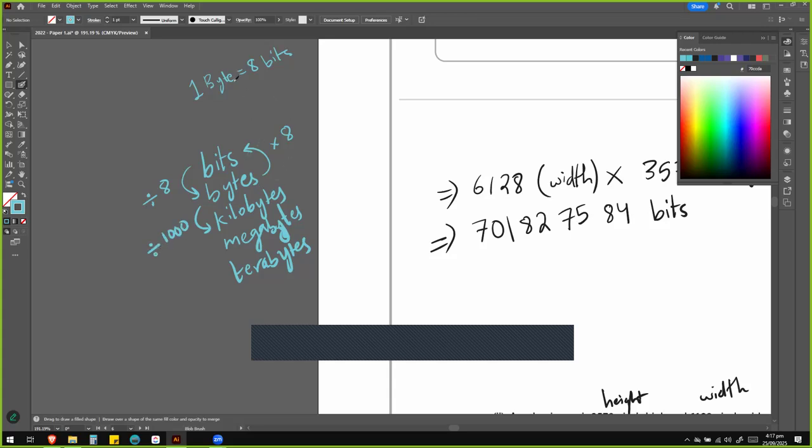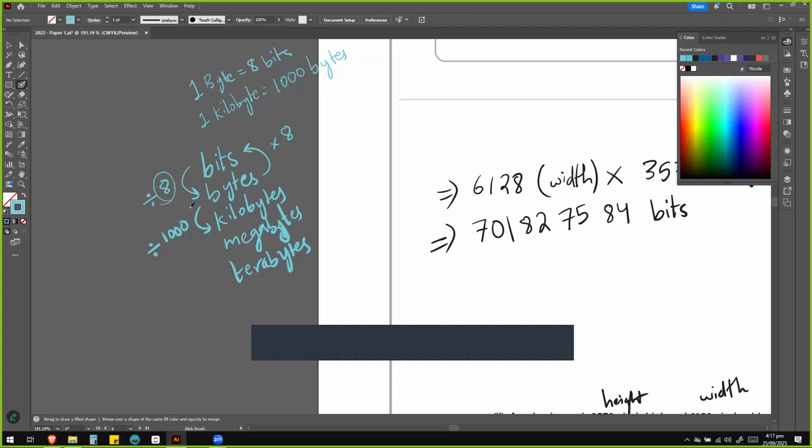Okay, so what that means is 1 kilobyte has 1,000 bits. Sorry, 1,000 bytes, not bits. Sorry. So we're now going from bytes to kilobytes. So 1 kilobyte has 8,000 bytes. That's why we are dividing by 1,000.